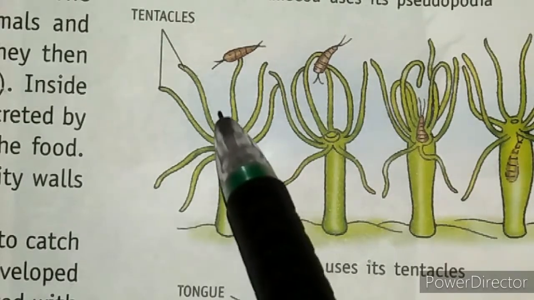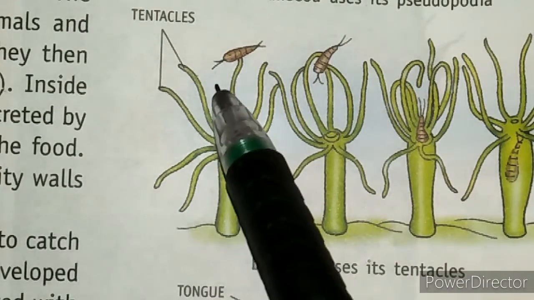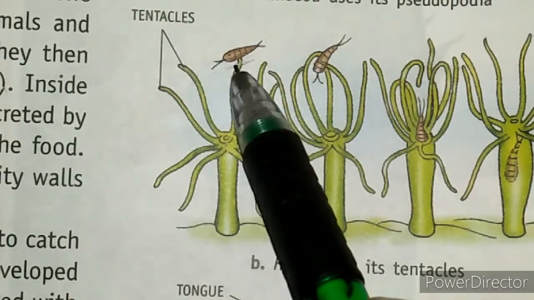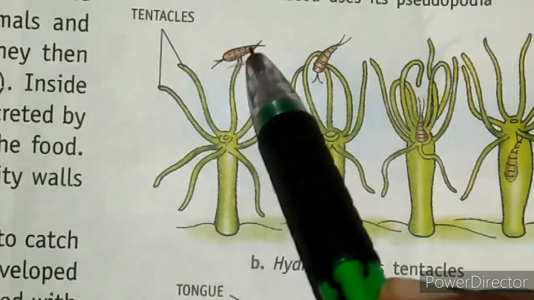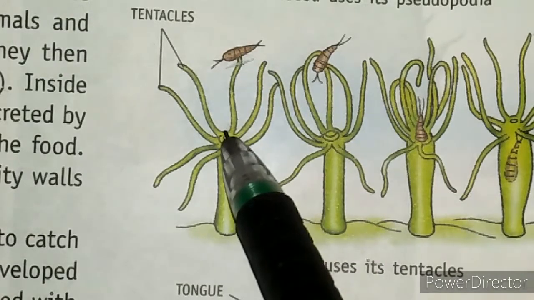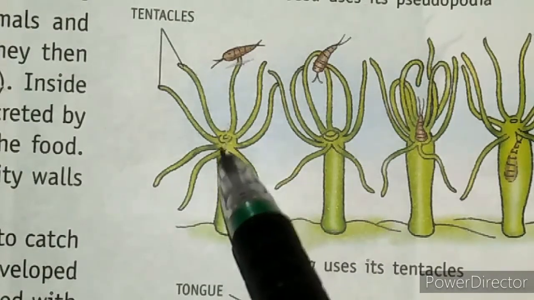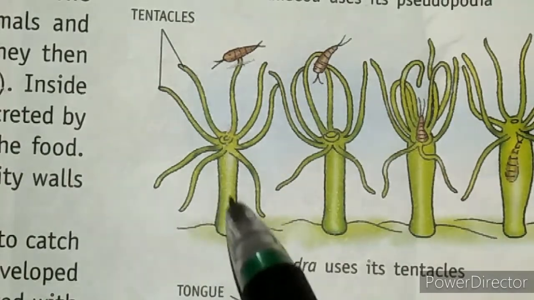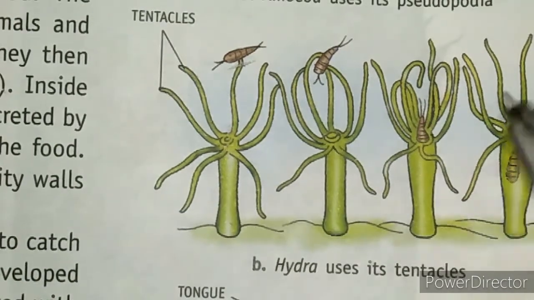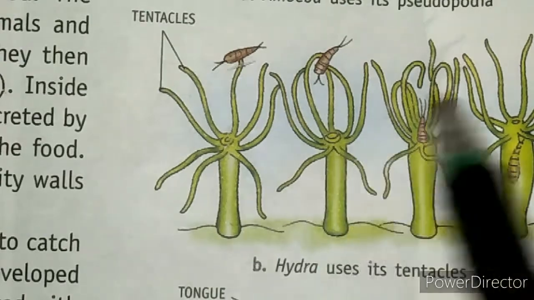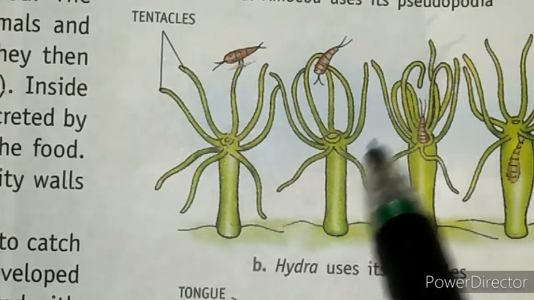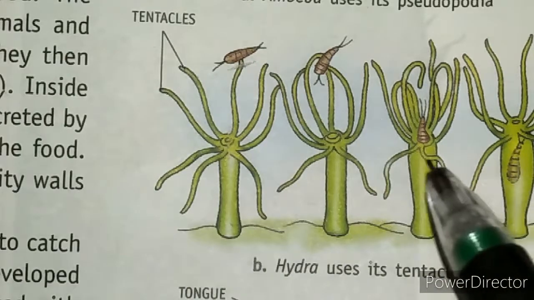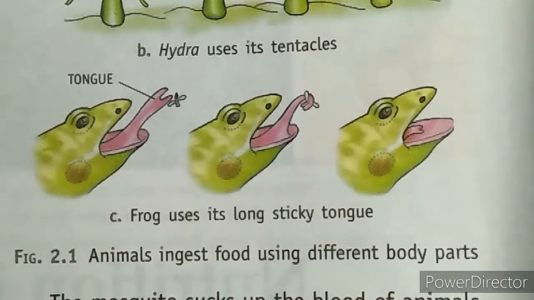The tentacles just entangle small aquatic animals and then kill them. Then they push them into the mouth, and inside the body cavity the digestive juices secreted by the surrounding cells help to digest food, and this is then absorbed through the cavity walls and assimilated in the cells.